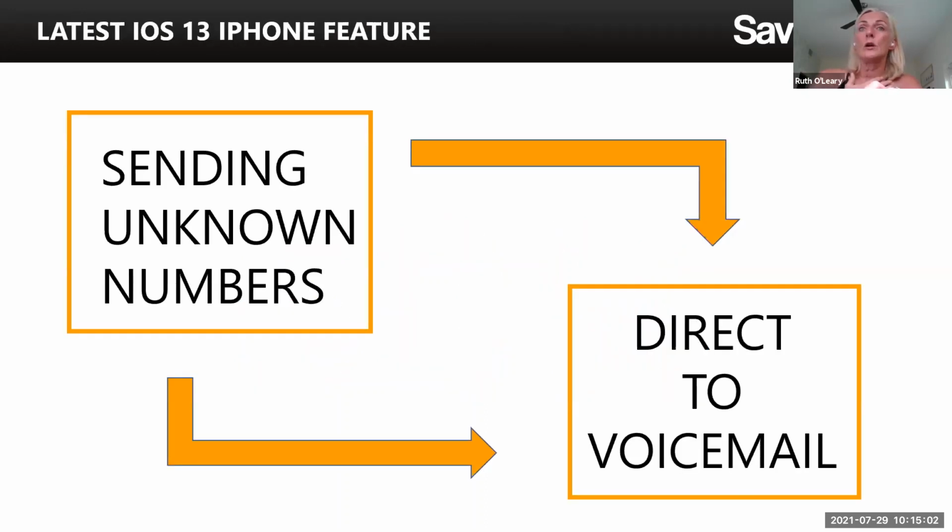Now, I'm an iPhone girl, and Apple, in their infinite wisdom, when they released the iOS 13 update in November of 2019, introduced a new feature called Silence Unknown Callers. It's not a default setting. You have to turn it on, but it's there for a very valid reason. Apple believed that 54 billion robocalls was a reason to introduce this feature, that their customers required it.